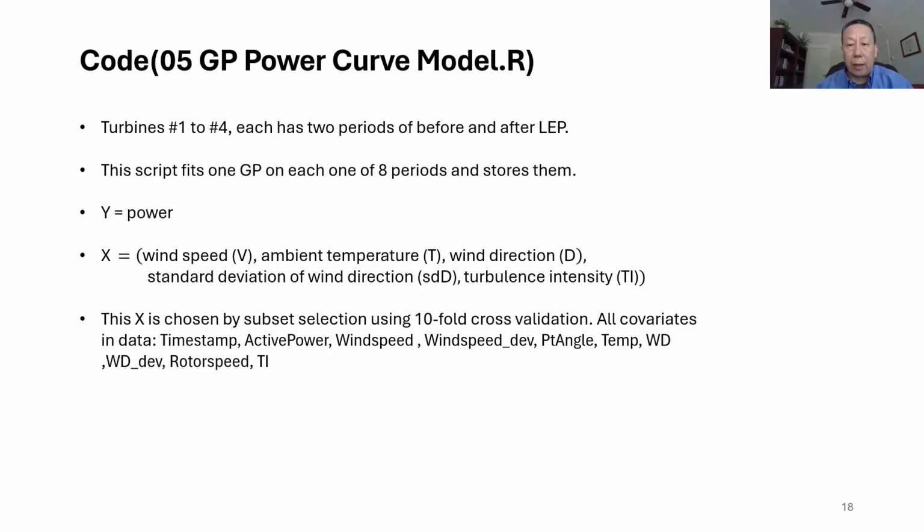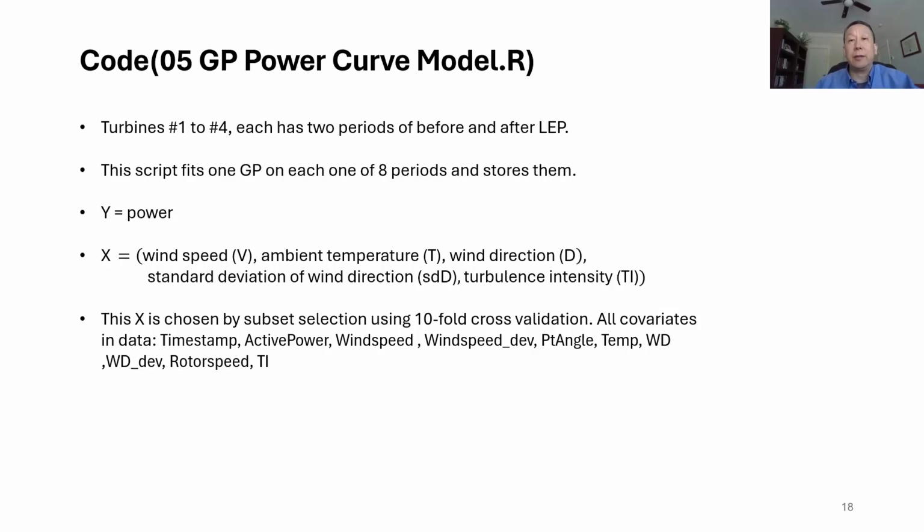Another thing is that there are certain variables we exclude a priori, even before we do the data-driven test. So for example, the rotor speed in this particular case, because in this study, well, not only in this study, in many other studies as well, the rotor speed is so strongly correlated with the power.